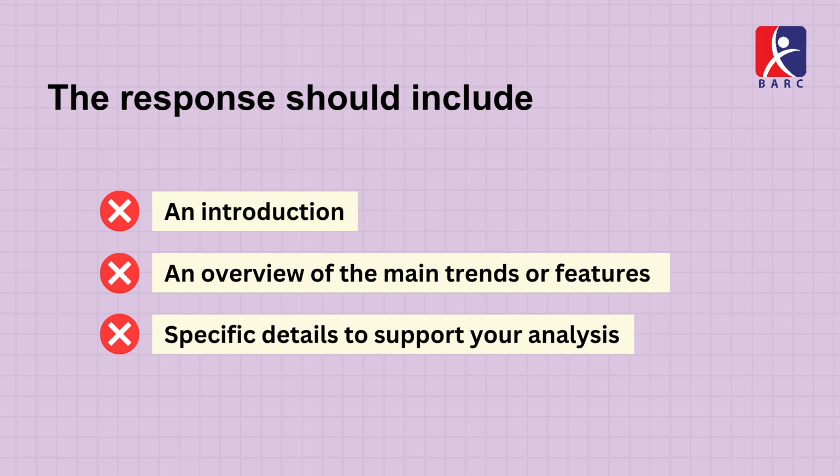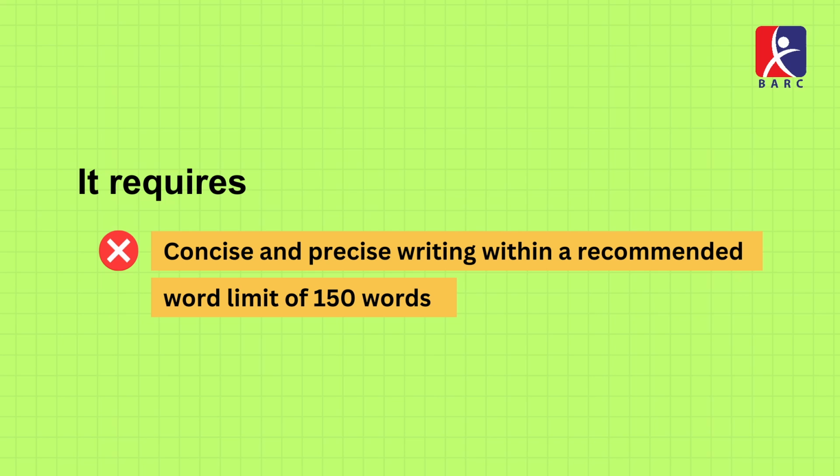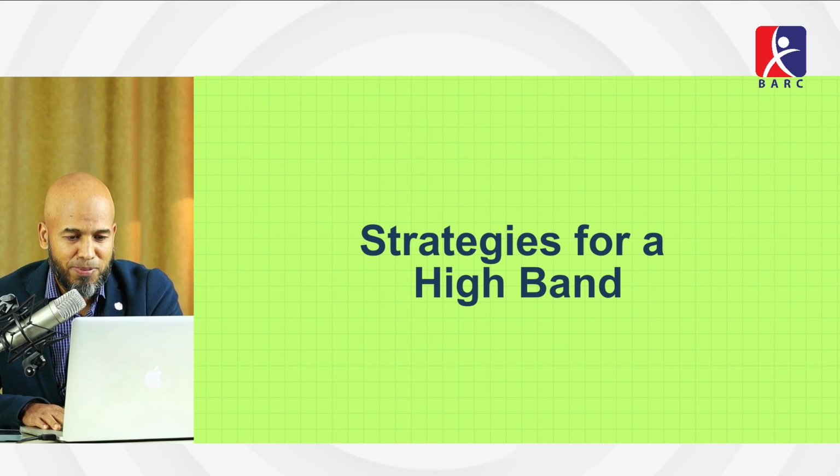The response should include an introduction and overview of the main trends or features and specific details to support your analysis. And writing task 1 particularly requires concise and precise writing within a recommended word limit of 160 words.